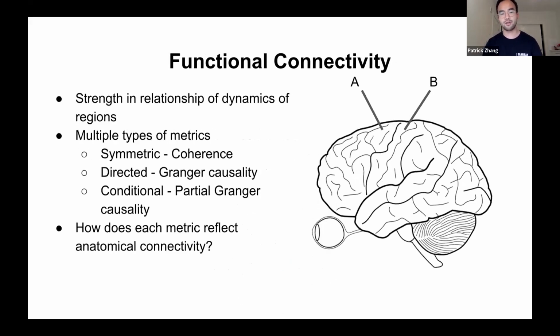So researchers often are interested in functional connectivity as well, which tries to measure the strength and relationships of dynamics between the two regions. Functional connectivity can be derived from some kind of brain signal, such as local field potential or LFP. And there are multiple types of metrics we can use for functional connectivity. In our study, we're interested in how each of these metrics reflects the underlying anatomical connectivity of the brain.